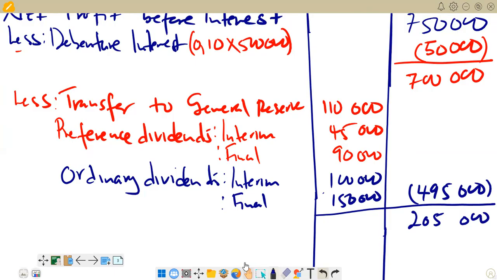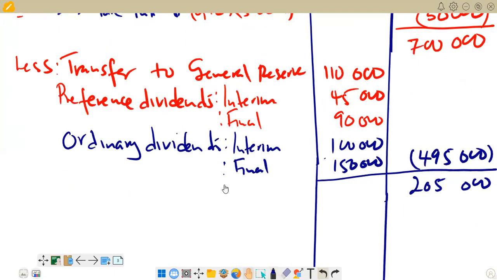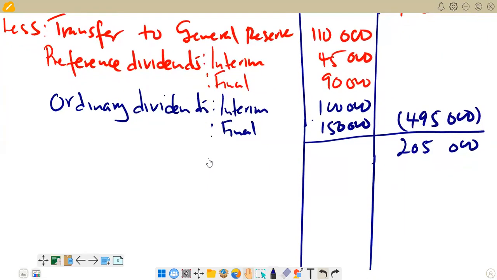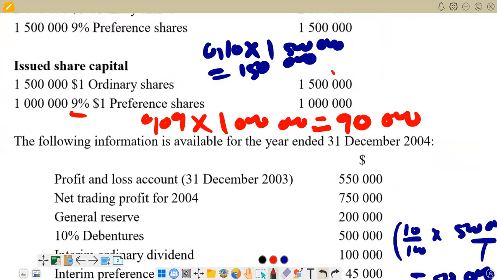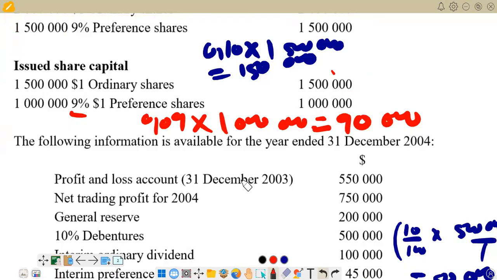Then we are supposed to add from there. Now we add retained earnings BD, that is retained earnings from the previous period, the retained earnings balance from the previous period. So we come here, say retained earnings BD. And obviously our retained earnings BD we are going to find in the question. We go back to check that figure. We are given here that the profit and loss account on 31 December 2003, that is the end of the previous year, was 550,000.